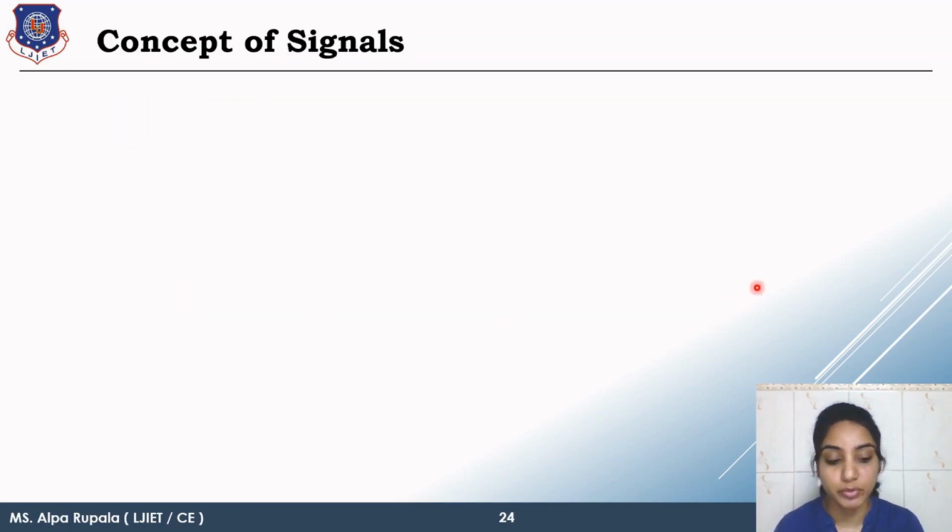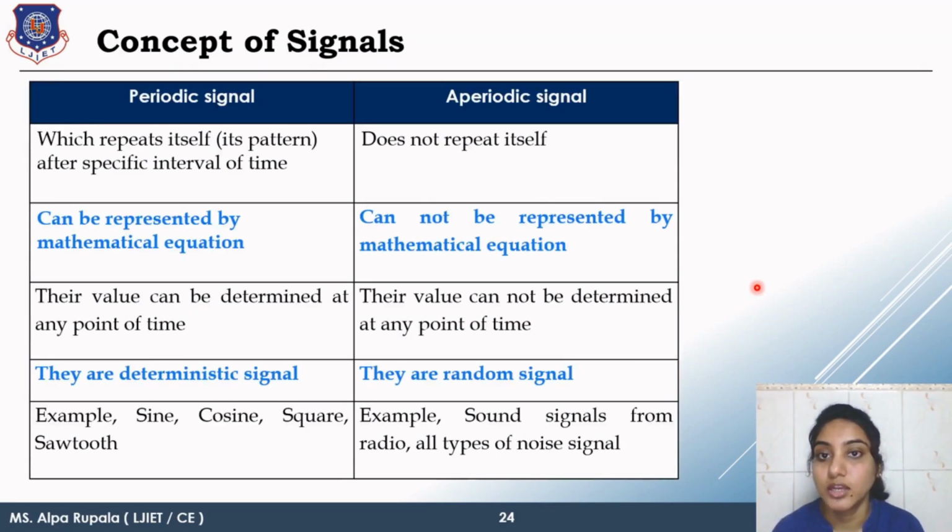Now some important differences: periodic signal and aperiodic signal. A periodic signal repeats itself for a specific interval of time, but an aperiodic signal does not repeat itself. A periodic signal can be represented by a mathematical equation, but an aperiodic signal cannot.